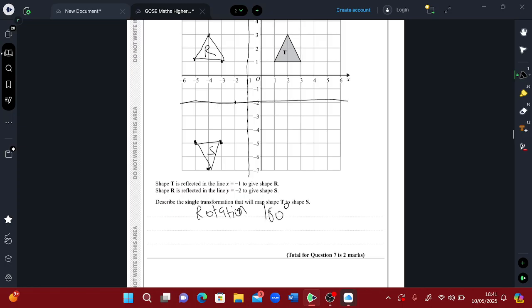Normally you'd specify clockwise or anti-clockwise, but 180 clockwise is exactly the same as anti-clockwise, so it doesn't matter in this instance. Then you need to state the point. I reckon it seems to be about -2, -2, but that is not for sure. What does it say? Oh, it says -1, -2. Okay.